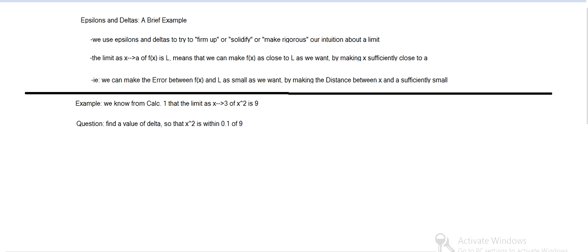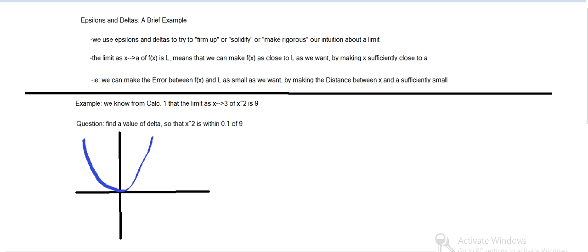So for example, for x squared, we know that as x approaches 3, x squared approaches 9. So we can keep x squared within 0.1 of 9, for example, by keeping x sufficiently close to 3. Looking at a rough sketch of x squared, at x equals 3, y equals 9, and as x approaches 3, y approaches 9.